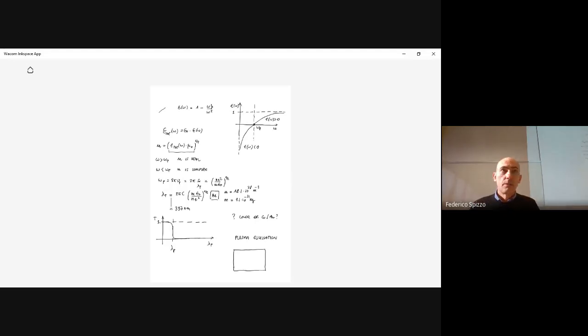Consider this box to be the metal, and suppose the length of the metal is L, and the surface area of this box is S. So we have this box with a volume equal to S times L. Now let's suppose that this box is made of a positive background of charge due to the ions and a negative background of charge due to the electrons, and the electrons, due to the attraction between positive and negative charges, are forced to stay within the box.